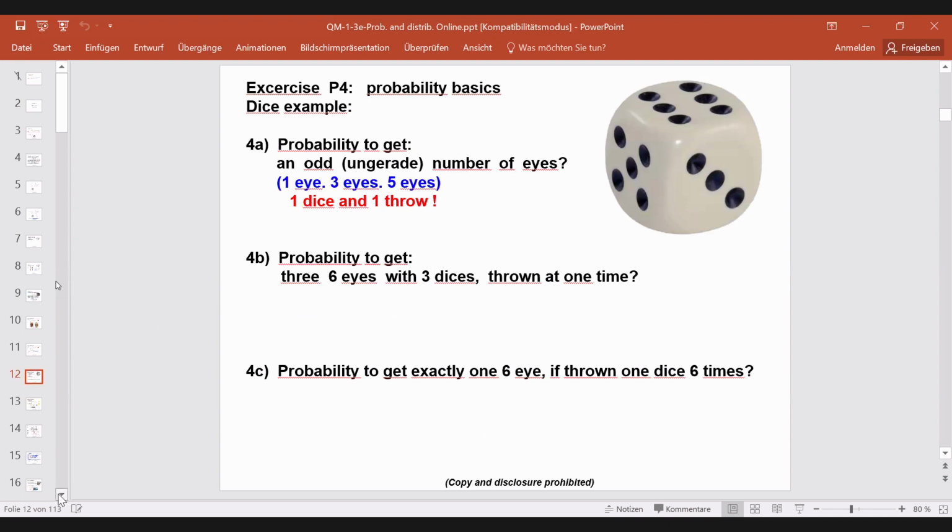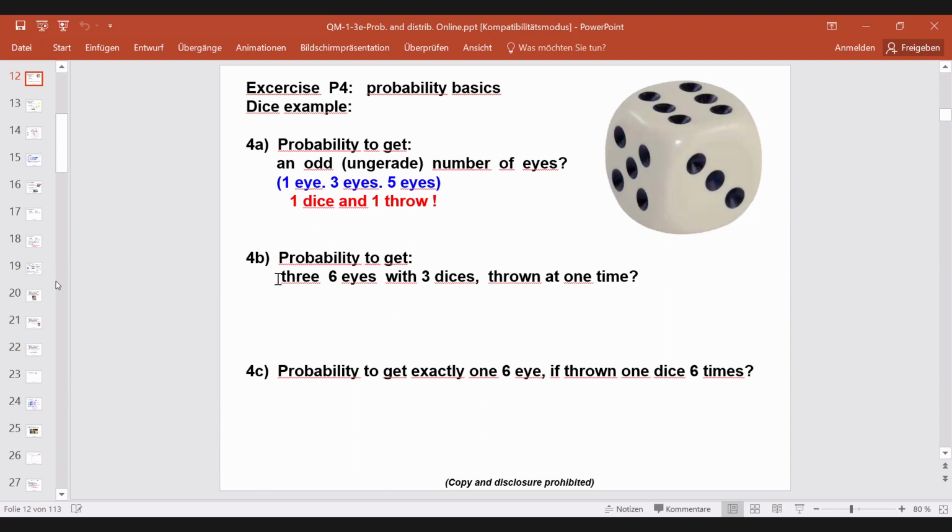Another example, a dice example. The probability to get an odd number of eyes. This means it can be 1 eye or 3 eyes or 5 eyes. So we have the OR, the addition rule, with 1 dice and 1 throw.